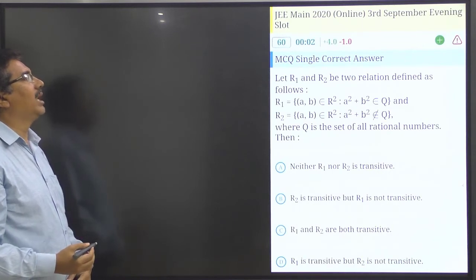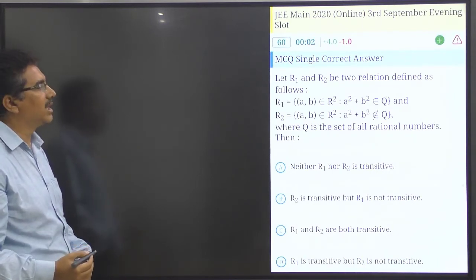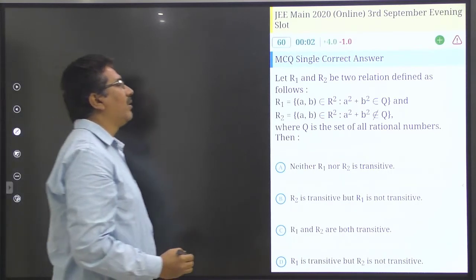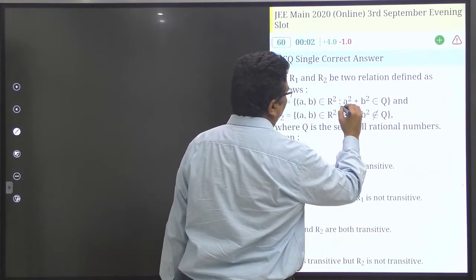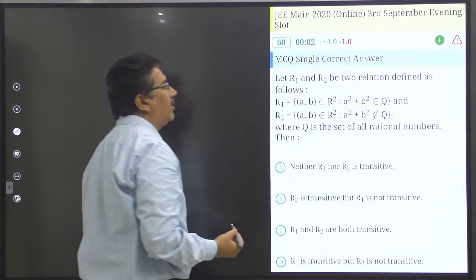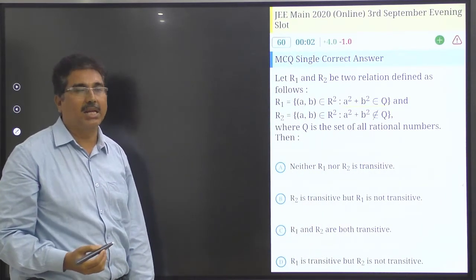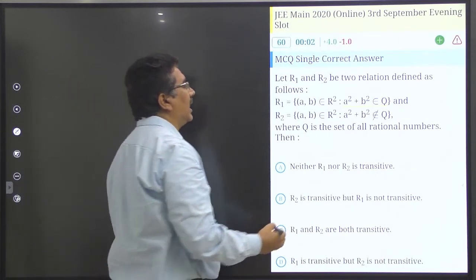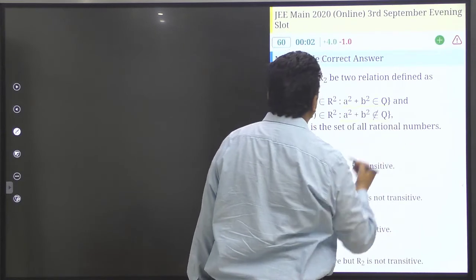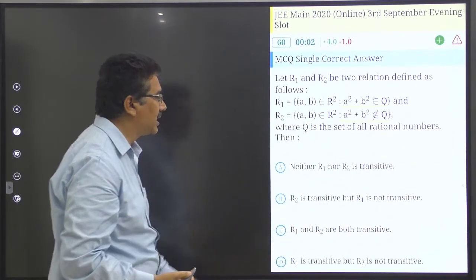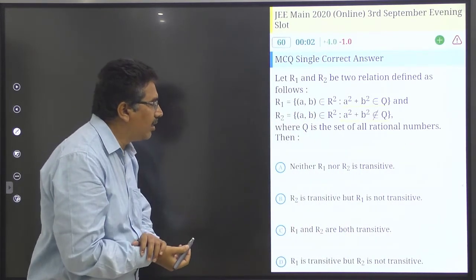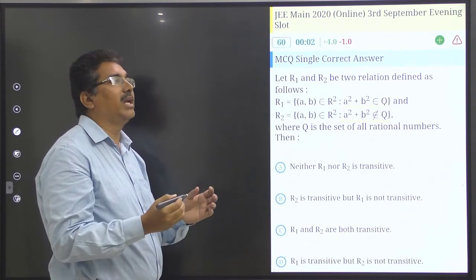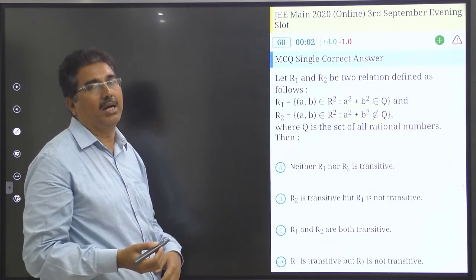Let R1 and R2 be two relations defined as follows. R1 is the set of all ordered pairs (a, b) such that a square plus b square is a rational number. R2 is a relation defined like this: a square plus b square is an irrational number. Now, by seeing the options, we verify whether R1 and R2 satisfy the transitive property or not.